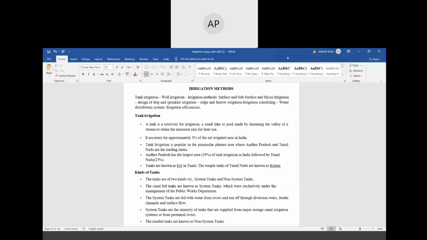All of you know a tank is a reservoir for irrigation, or a small lake or pool made by damming the valley of a stream to retain the monsoon rain for later use. It accounts for approximately 3% of the net irrigated area in India. Where is it adopted? Tank irrigation is popular in the peninsular plateau area, where Andhra Pradesh and Tamil Nadu are the leading states.